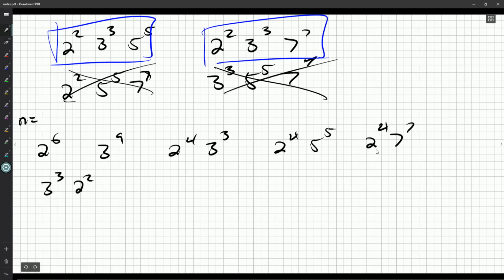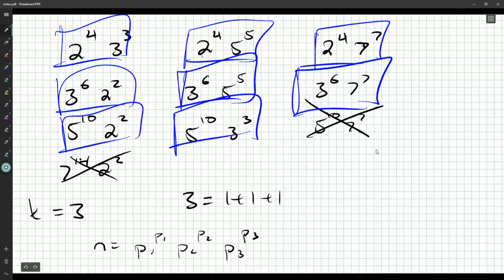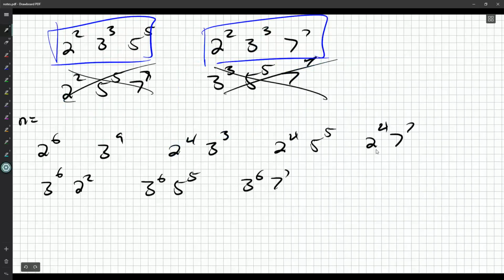Oh no, it wouldn't be 3 to the 3, it'd be 3 to the 6. 3 to the 6, 5 to the 5, 3 to the 6, 7 to the 7, I think worked. Yes, okay, good. And then we had 5 to the 10, and this worked for a couple of them, but not all of them. For example, 5 to the 10, 7 to the 7, just plain did not work.